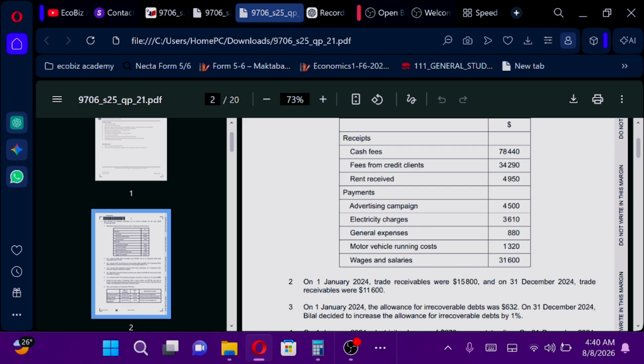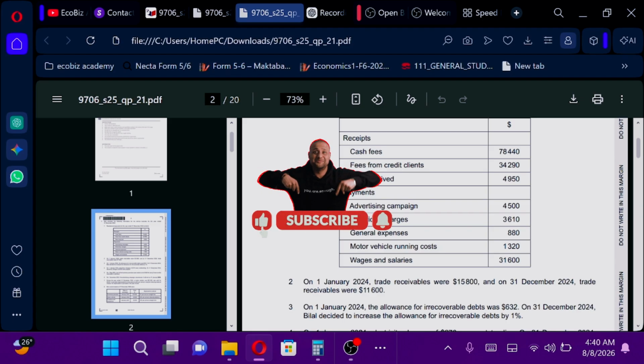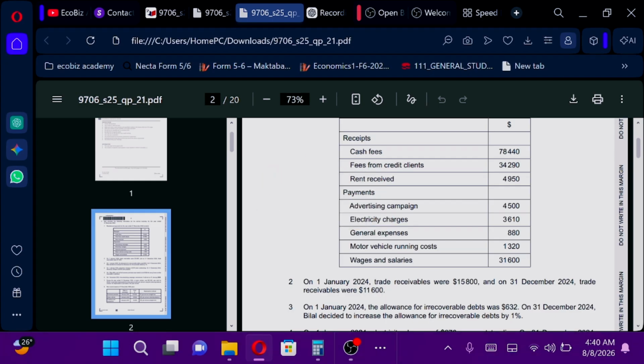Those trade receivables were from the previous year, 31st of December 2023, and were just brought down into this year, 2024. So to find the trade receivables for this year, we take 15,800 minus 11,600, because this one is for the closing and this one's for the opening.